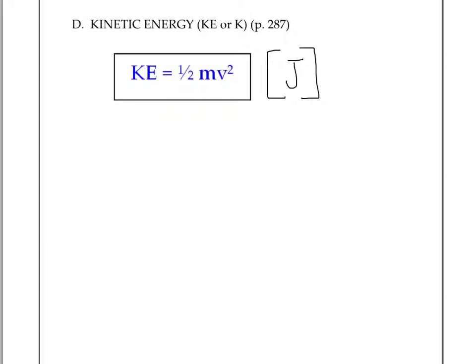It's a vector. Yes. So you could have negative velocity, but look, see how it's squared? What happens when you square a negative number? It's positive. So even if you could have a negative velocity, you're going to square it in the formula. It's going to turn out positive. So kinetic energy can only be positive.